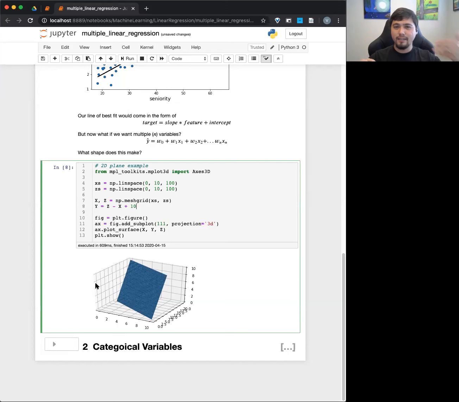So when we do multiple linear regression, it's a bunch of little linear regressions put together. You can imagine a slice of just those 2 dimensions, your target and one feature. The thing is that multiple linear regression is going to consider all of those features at once to make one multi-dimensional plane.